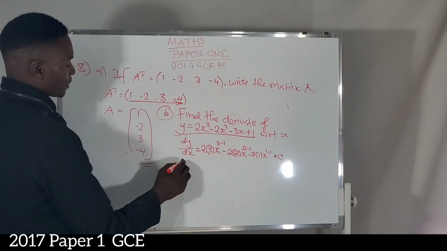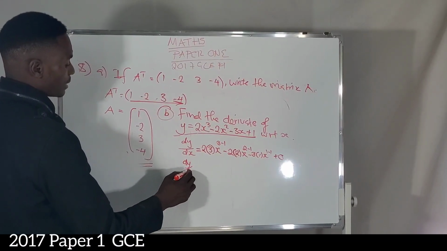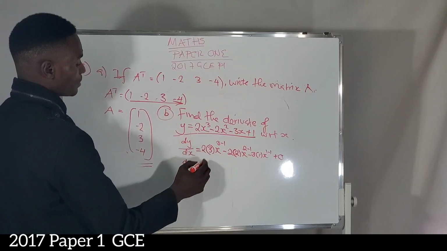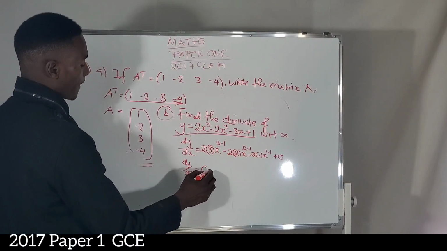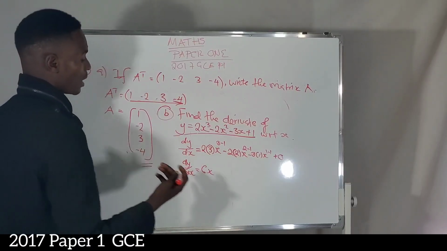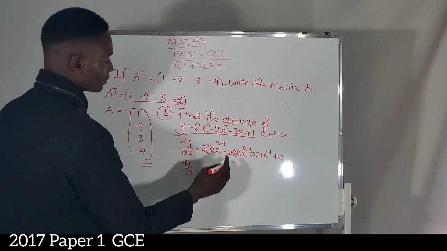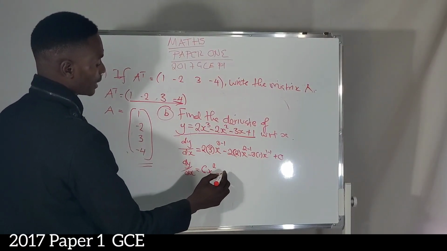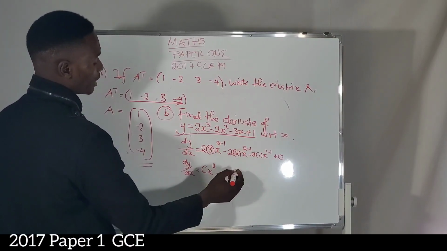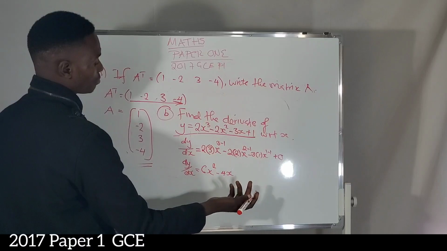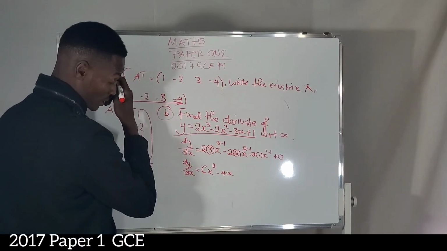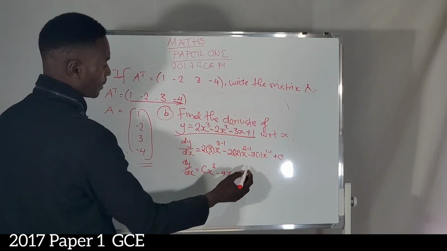Alright, so dy dx here is equal to 2 times 3, 6, and it will be 6x, then 3 minus 1 is 2. 2 times negative 2 is negative 4, x, 2 minus 1 is just 1, so just leave it as x here.